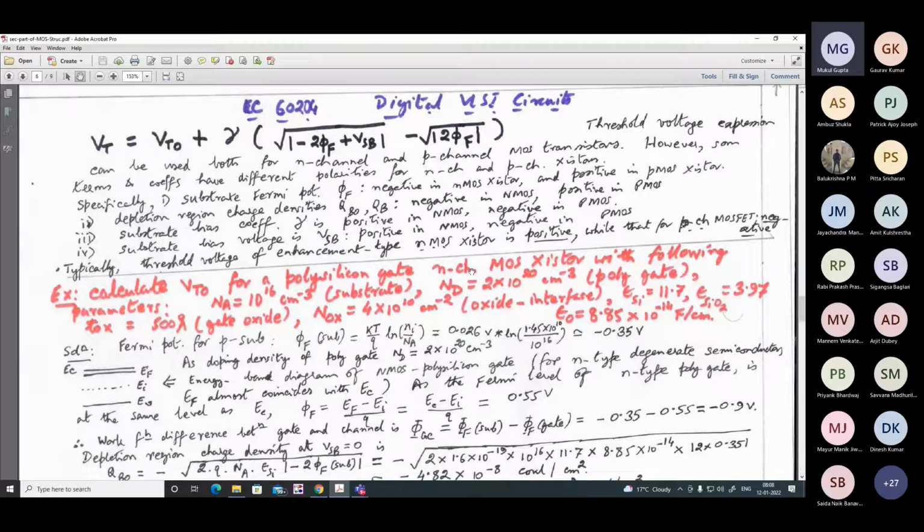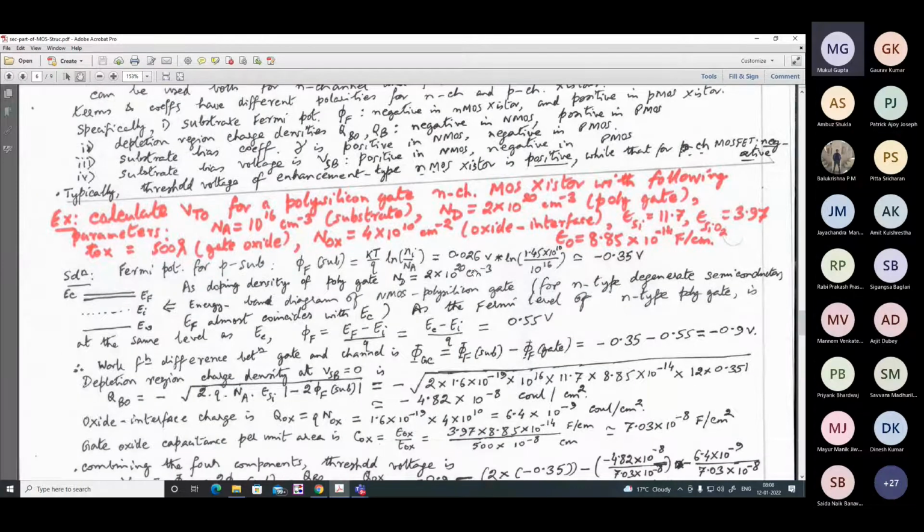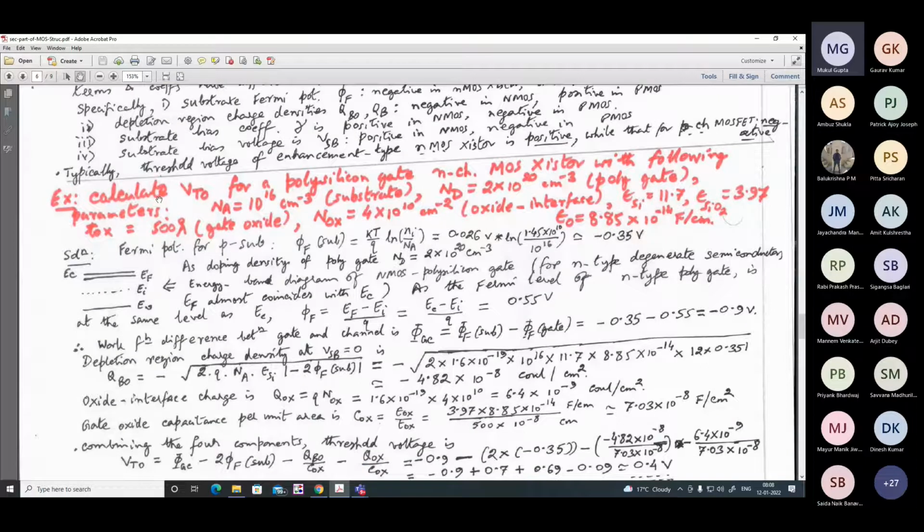Let us see one example of how to calculate the threshold voltage. VT0, the zero bias threshold voltage, for a polysilicon gate N-channel MOS transistor. Note that although we call it MOS, metal oxide semiconductor, nowadays in general the gate is made of polysilicon, which aids the fabrication process.